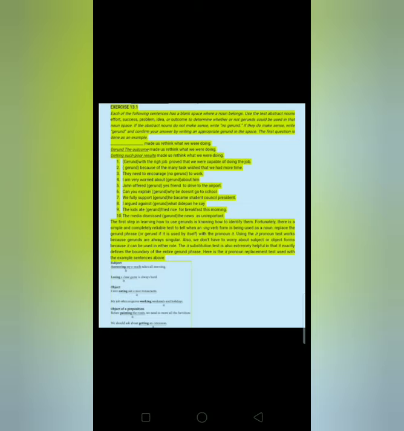The first step in learning how to use gerunds is knowing how to identify them. Fortunately, there is a simple and completely reliable test to tell when an -ing verb form is being used as a noun.